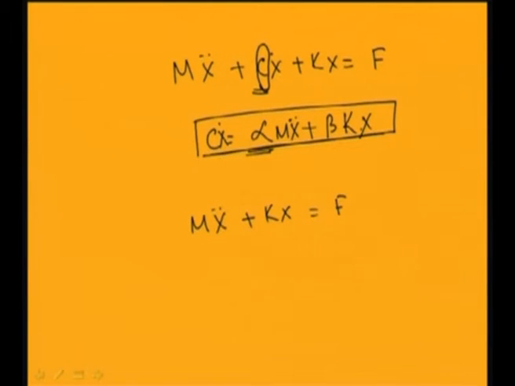This damping force is divided proportionally into the inertia force and stiffness force, so this damped system is converted to an equivalent undamped system by using Rayleigh damping.